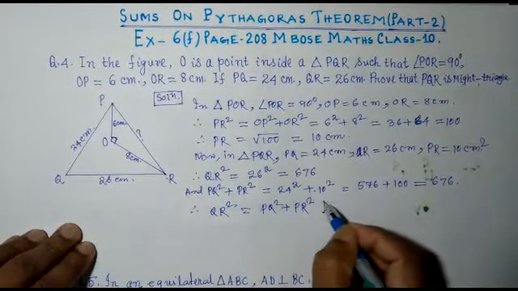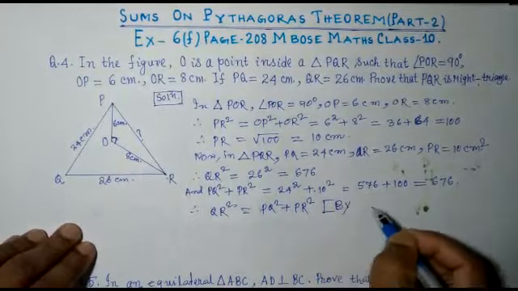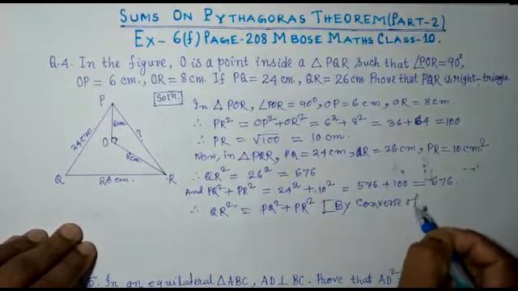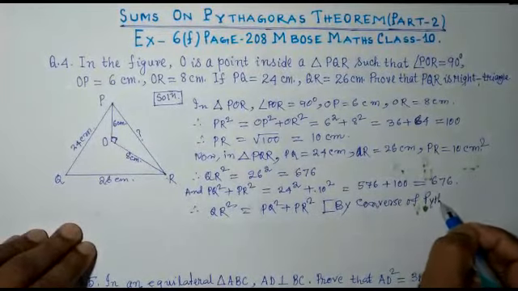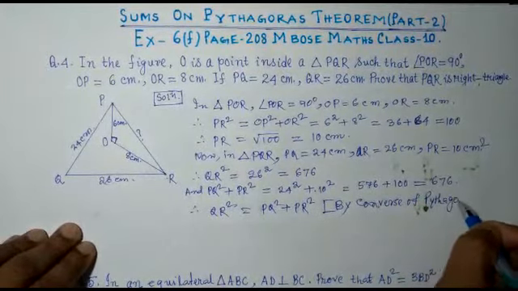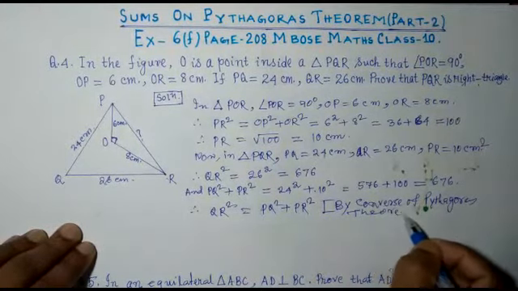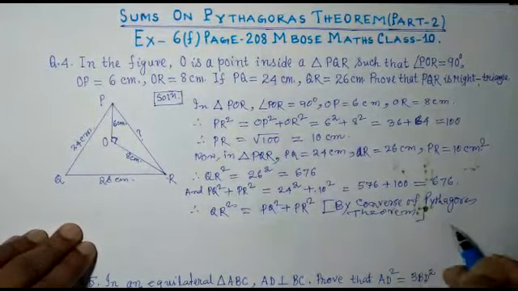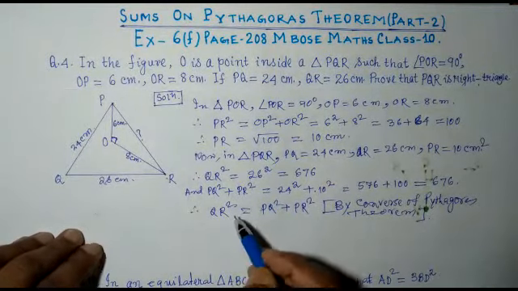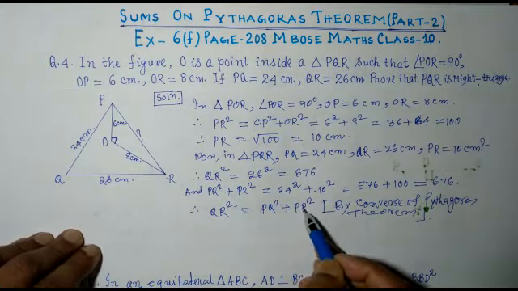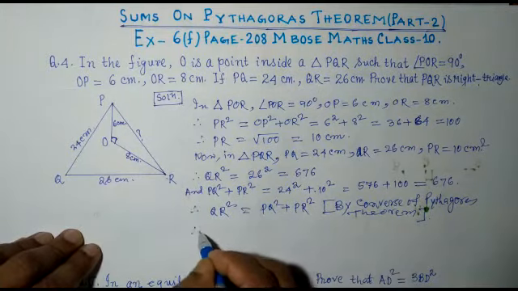So by converse of Pythagoras theorem, in a triangle, if the square of one side is equal to the sum of the squares of the other two sides, the triangle is a right angled triangle.